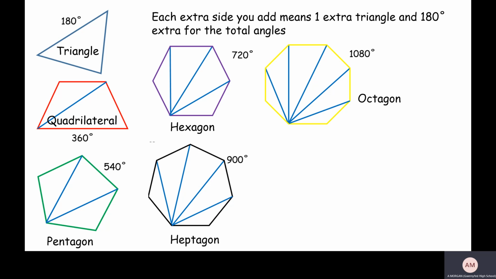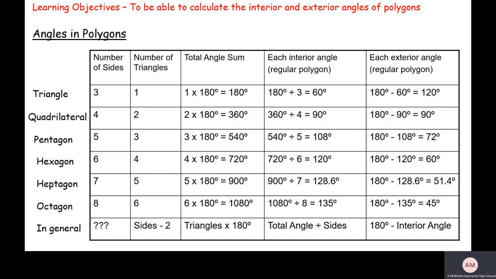So all this information, which we've just shown visually there, we can put into a table. So this table, which I'll talk about briefly, has got lots of information, and it shows you that, for instance, for a triangle, it's got 3 sides. It's made up of 1 triangle, obviously. For each triangle, it's 180 degrees, so 180 degrees times 1 is 180.